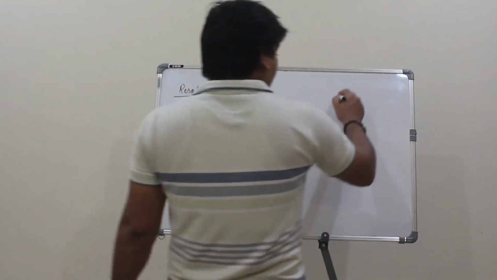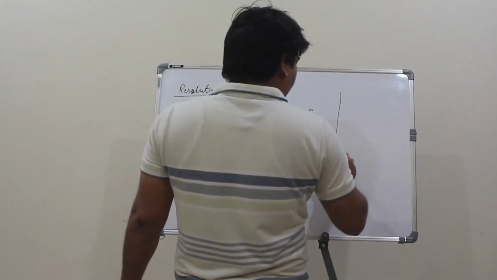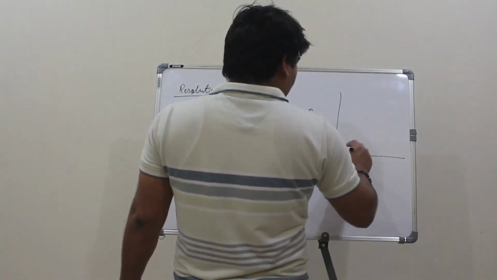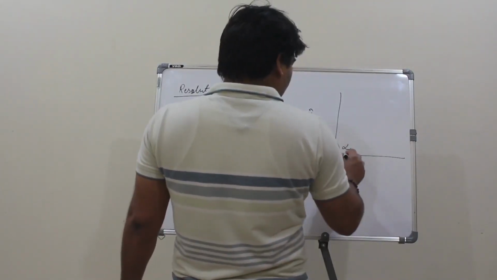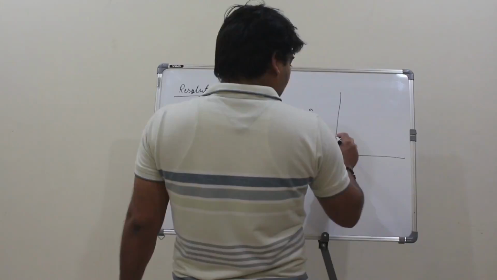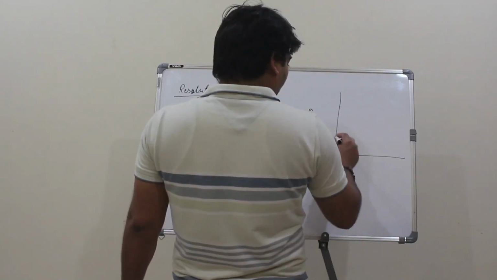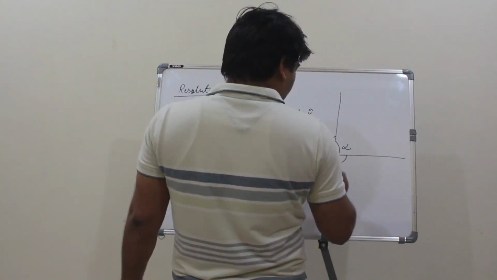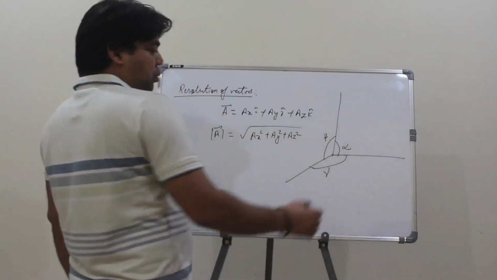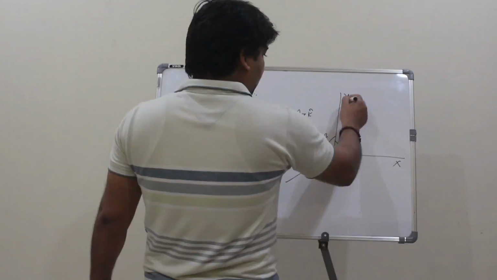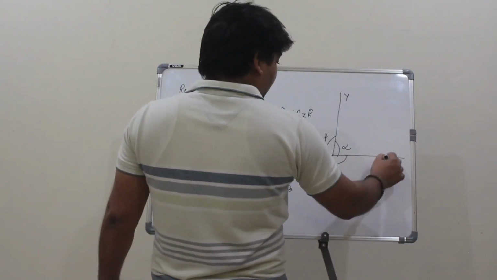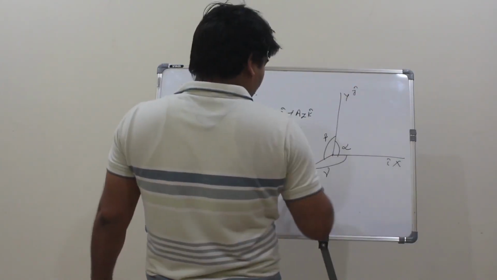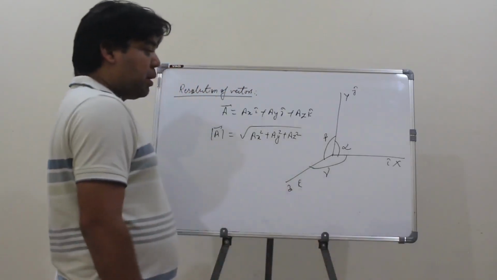You can assume the angles in this case as alpha, beta and gamma, for x, y and z, i, j and k, right?